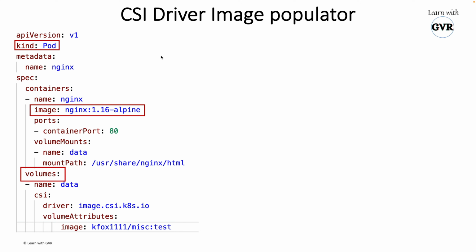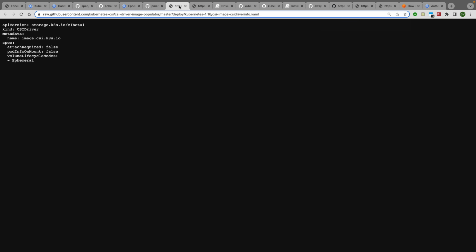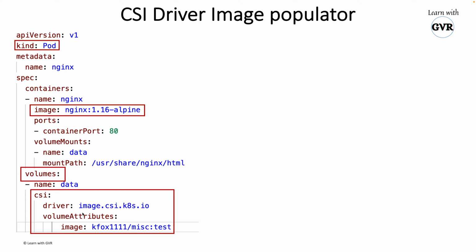Now, CSI driver image populator is another example. This is a pod running Nginx Alpine, which has a volume. Here the volume I am using is image.csi.k8s.io, which is the driver.